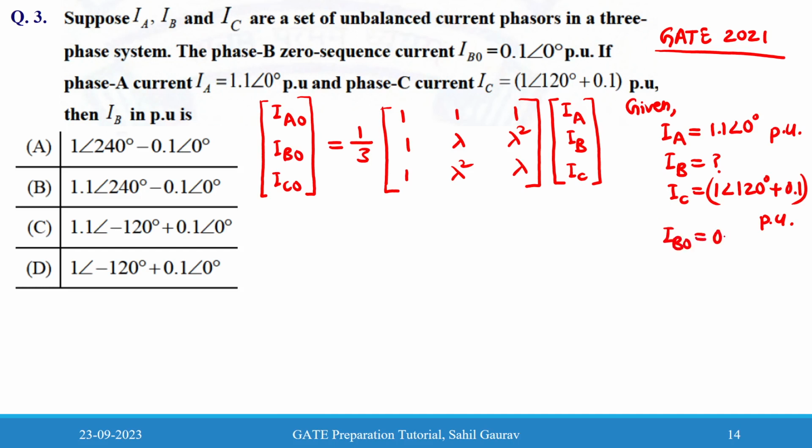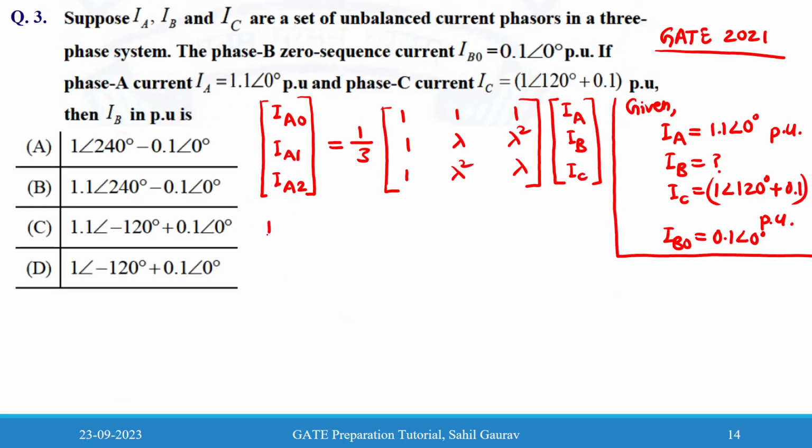IB0 is 0.1 at the angle of 0 degree. So these values are given. Since IB0 and IA0, sorry, here I have done a mistake. IA1, IA2, correct.